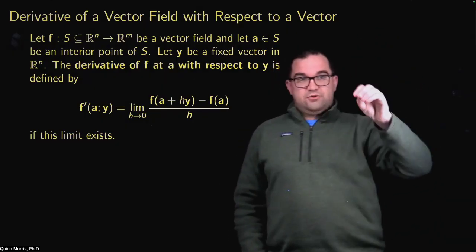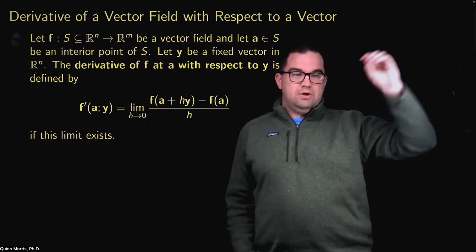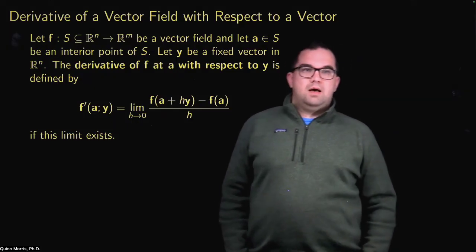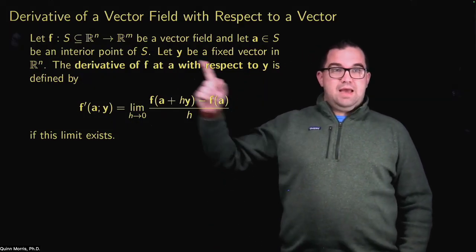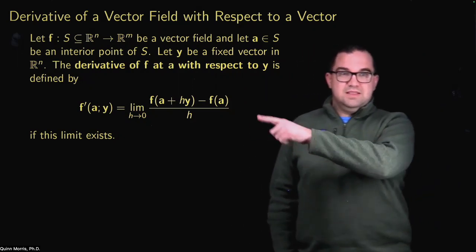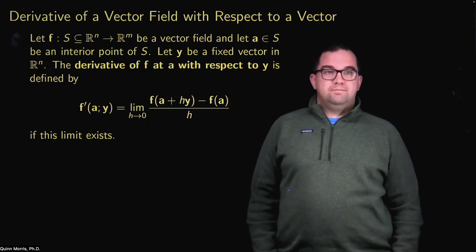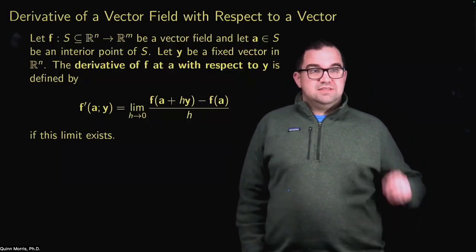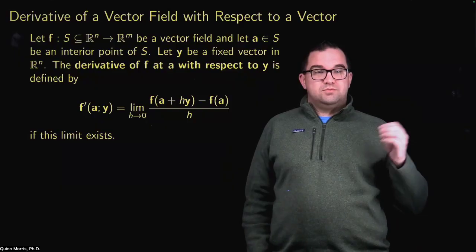I have a vector input or a multivariable input and a vector output or a multivariable output. And I'm going to let A be an interior point of my domain S. Again, this is just going to make sure that this limit is well defined. And let Y be a fixed vector in R^n. So this is the vector I'm going to take the derivative with respect to.